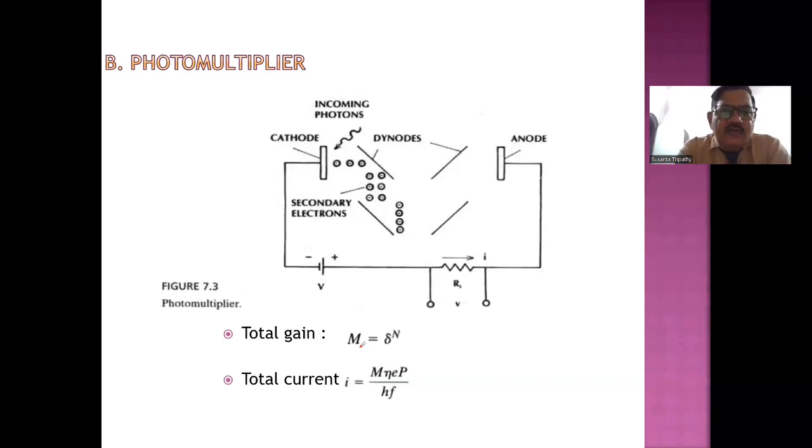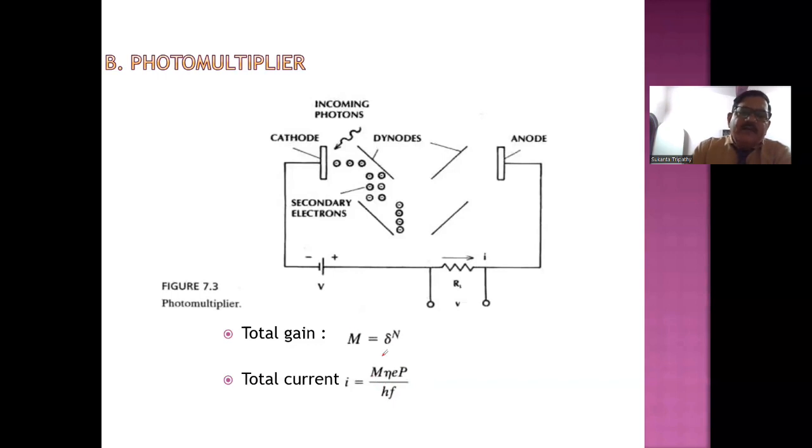And the total current which we get here is related to this M, which is delta to the power n. So this is M times eta eP divided by hf. In fact, for a simple vacuum photodiode, the current which will flow is eta eP divided by hf.